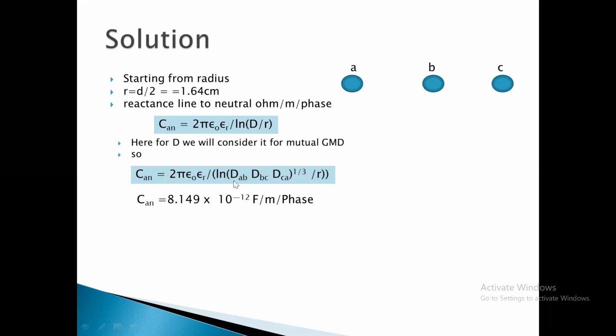The distance from A to B is 12, so I put 12 over here. The distance from B to C is again 12. Then the distance from A to C is 12 plus 12, 24. So I will get the capacitance from phase to neutral.